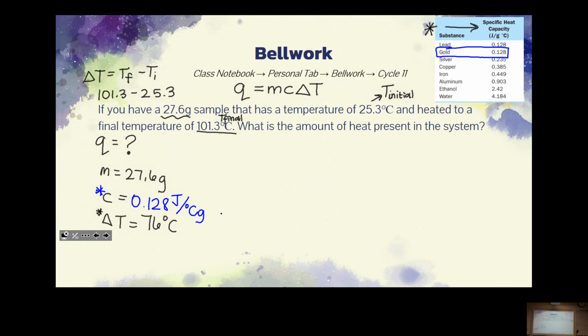Okay, so our next step is just plugging in. In this case, using our equation, we do not have to rearrange, which is nice. So I'm just going to plug in my numbers as I have them.